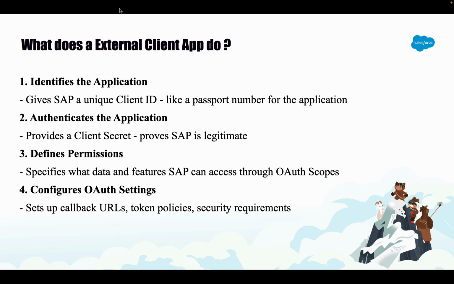OAuth scopes define what API can be used, whether a refresh token will be allowed or not, whether you will have full access to the application or not. All that permission-related stuff will be handled in the OAuth scopes. So with the help of a scope, we control what that particular application will be able to access.